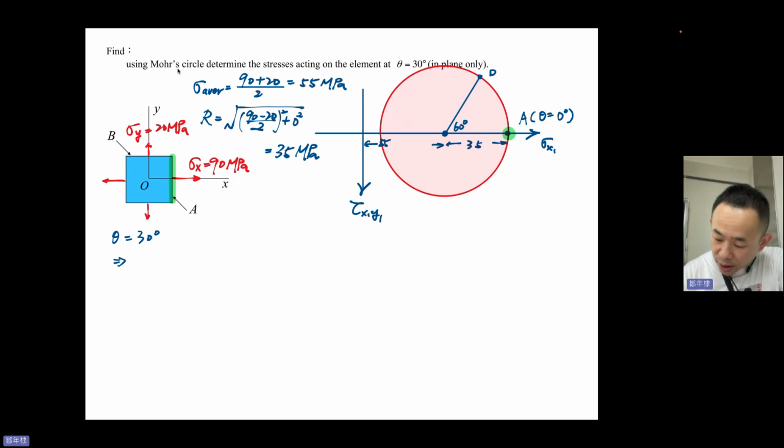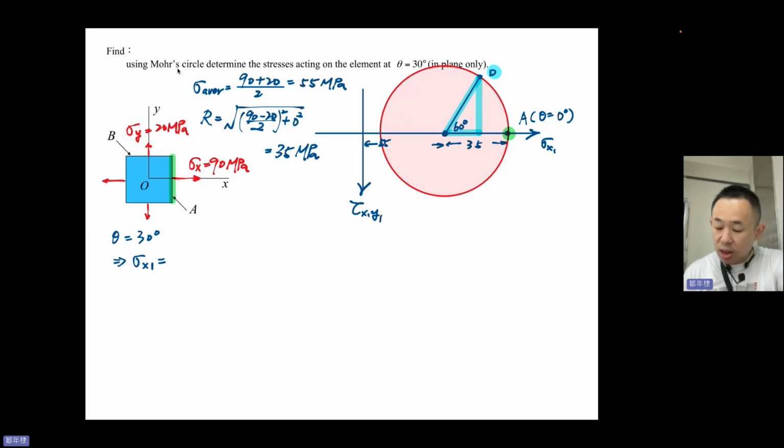And now I will give it the blue color. And how can we get that? We can actually use a triangle to help us get the value. So sigma x1 here will be the blue point D coordinates: sigma x1 coordinate and tau x1y1 coordinate.